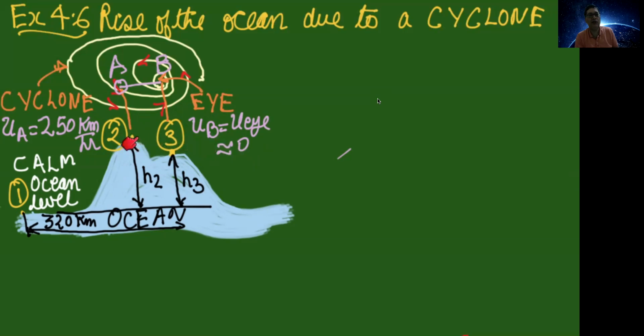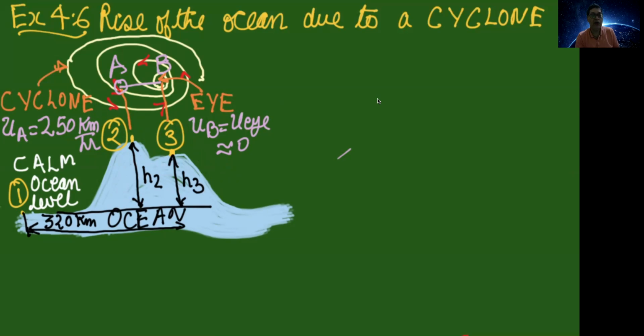And when it hits the seashore, there is a danger of destruction, because you have both large wind velocity as well as the large height of the water column, which falls on the seashore.